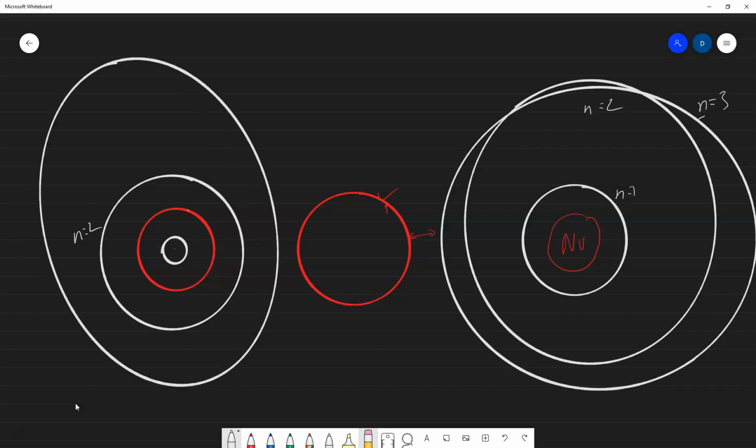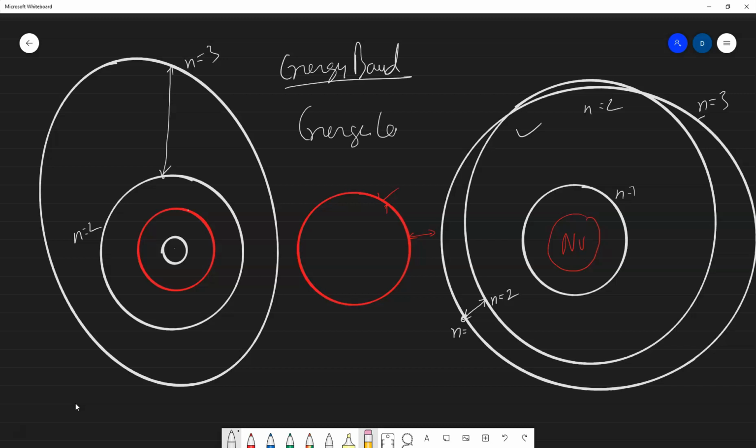So the third one is further away from this second band, whereas in this scenario the third level is just very near to this level, shell 2. So what you have to keep in mind is every atom will have its own energy band. Use this word energy band, or energy level.